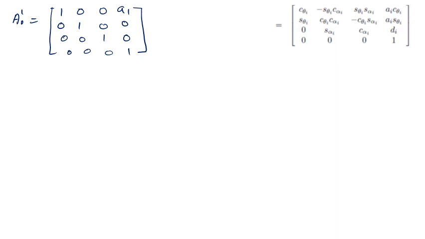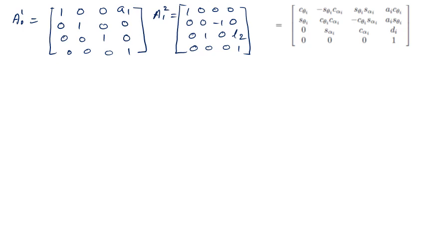And your A12 should be 1, 0, 0, 0, 0, minus 1, 0, 0, minus 1, 0, 0, 1, 0, L2, 0, 0, 0, 1.